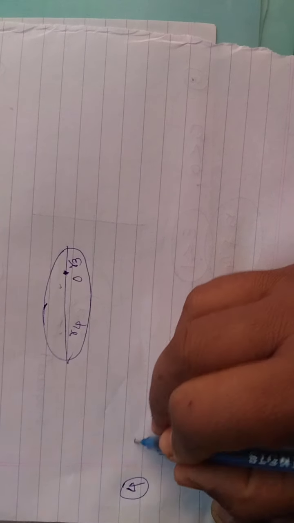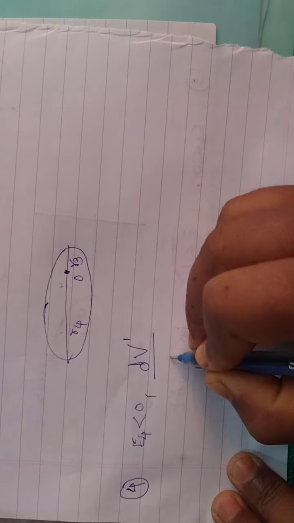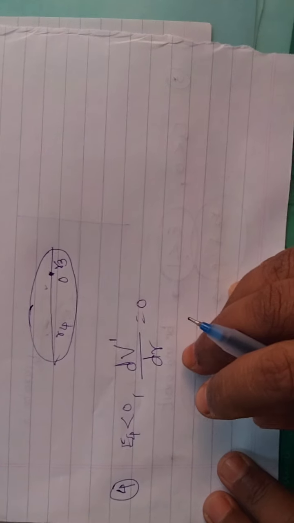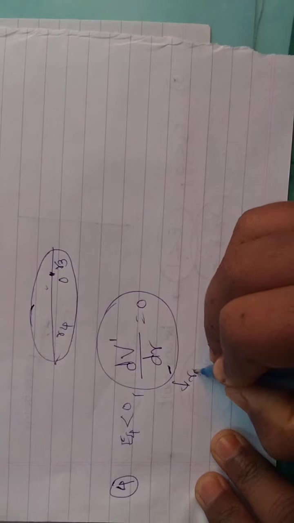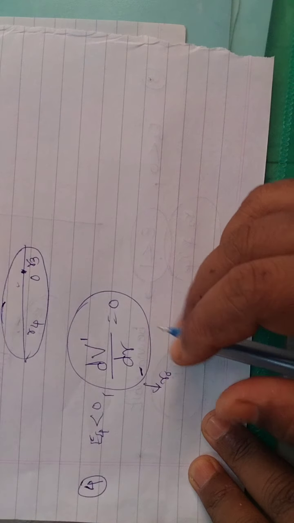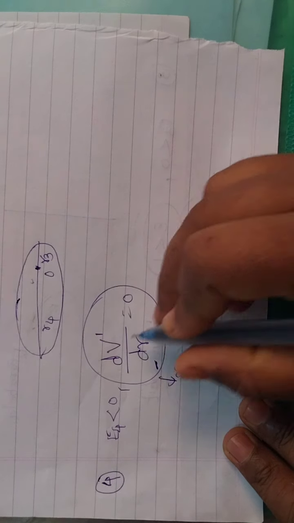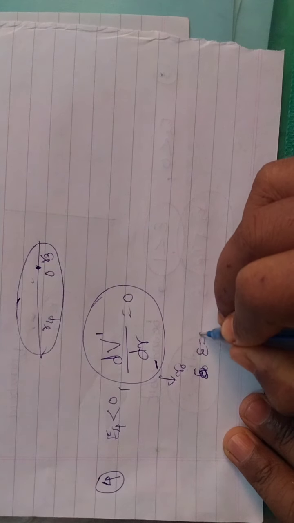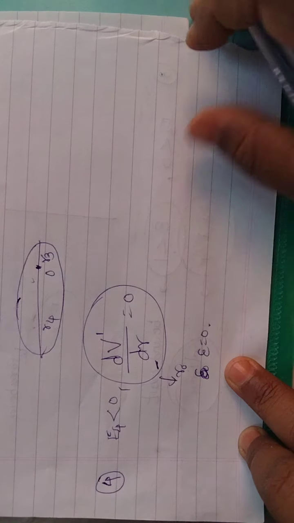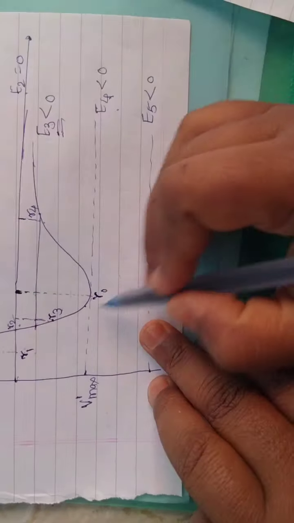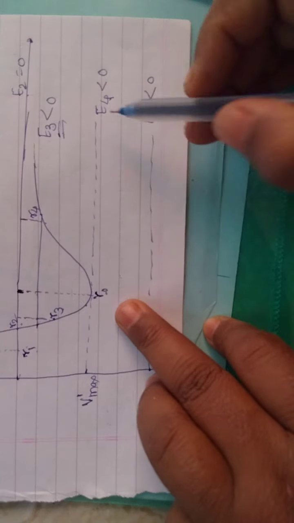E4 is less than 0. Here we consider the effective potential equal to 0. This equation will give us a value for r0. Here eccentricity is 0. This equation gives eccentricity 0, and here r0 is the minimum point in this curve for this energy.